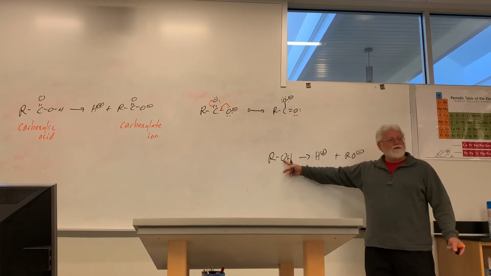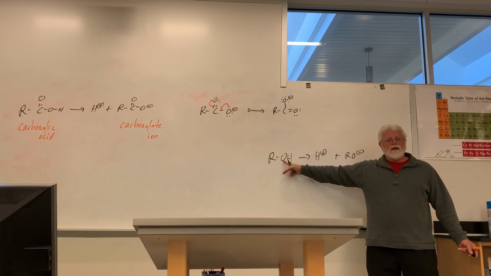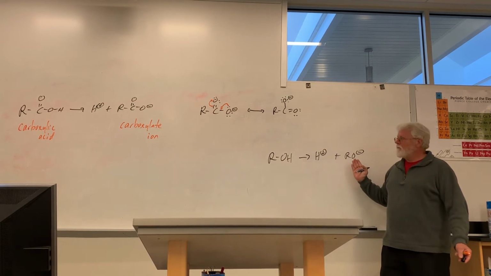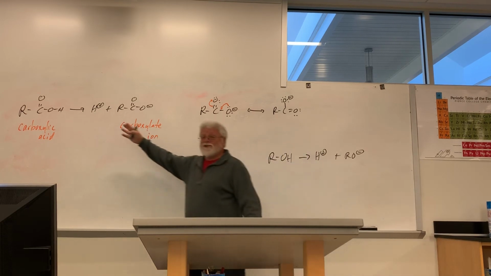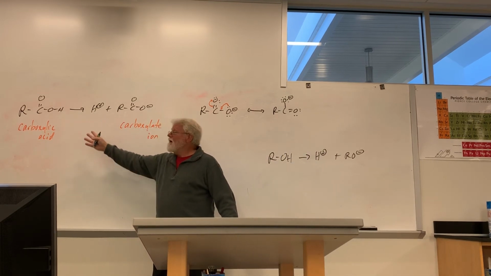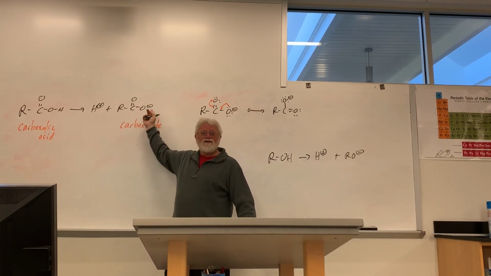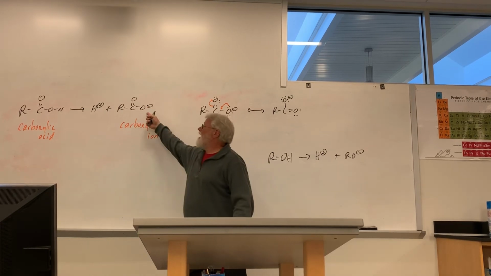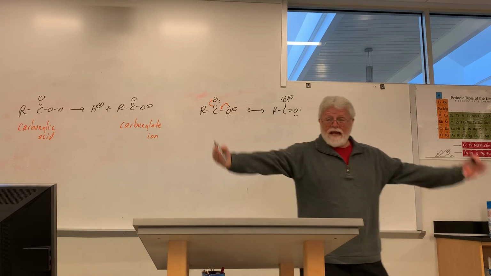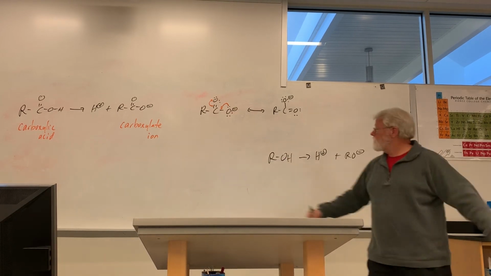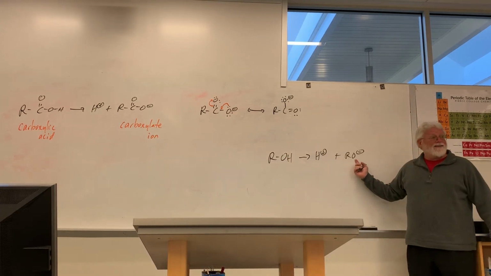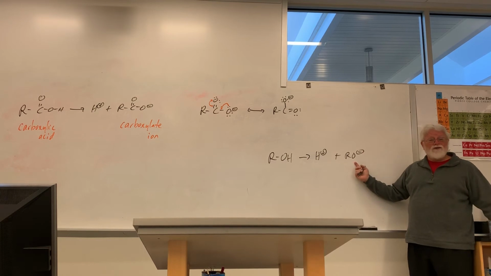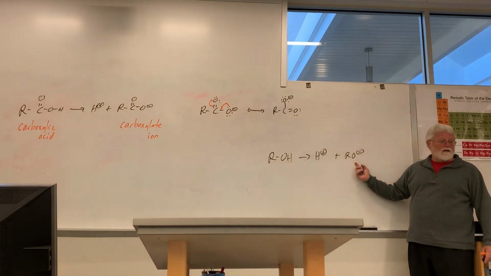This happens, but it doesn't happen nearly as much as this happens, because in this ion, there's nobody that has a full charge. Therefore, this ion is relatively stable as ions go. In the alkoxide ion, this oxygen has the full negative charge. There are no alternative resonance structures we can draw for this thing.